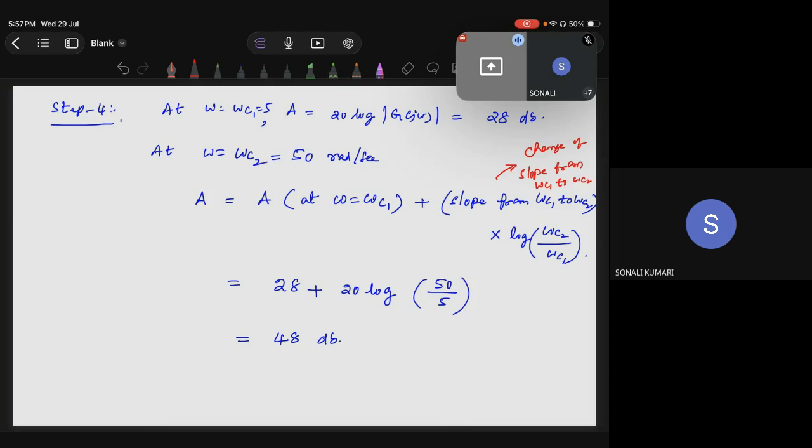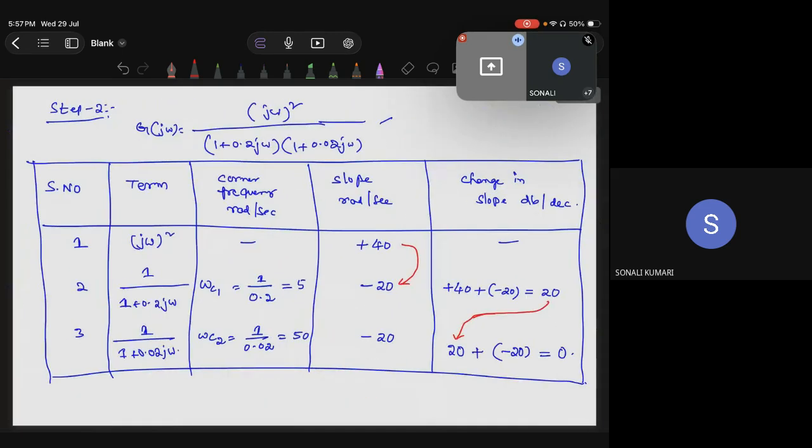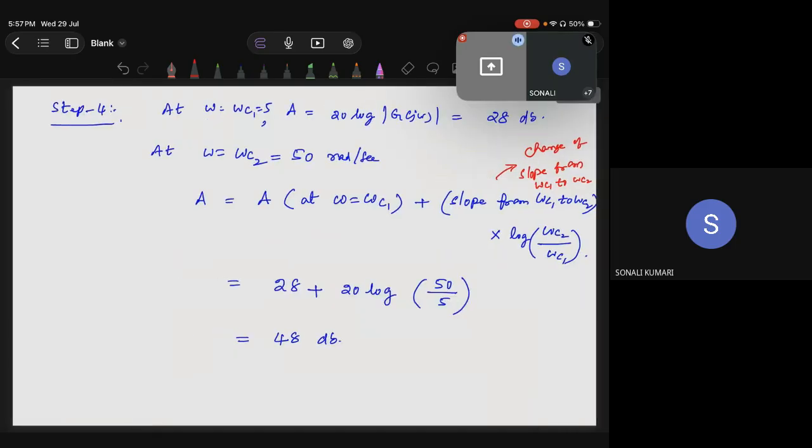What is that change of slope from the table? That is plus 20. Is this clear? By using the change of slope, we just substituted here. So we got 48 dB. That is step 4. Now step 5.